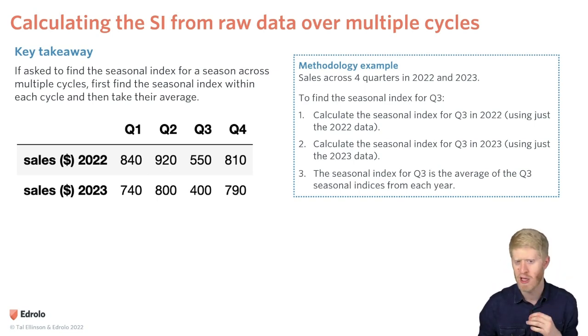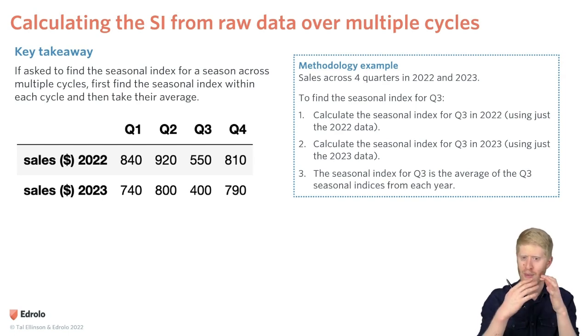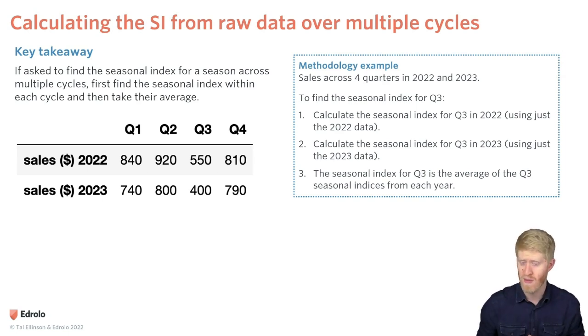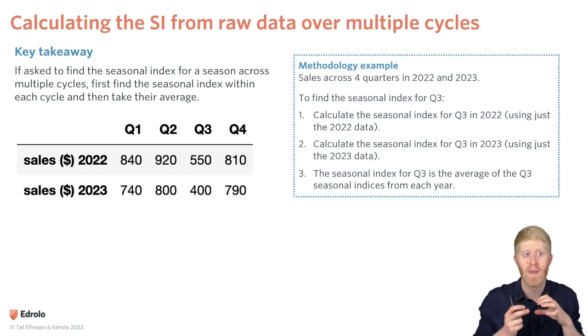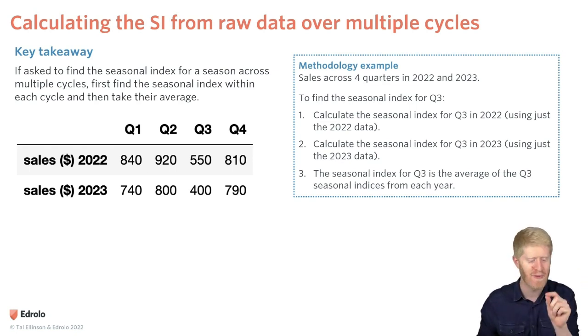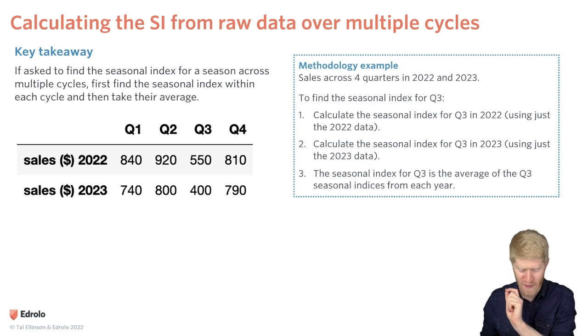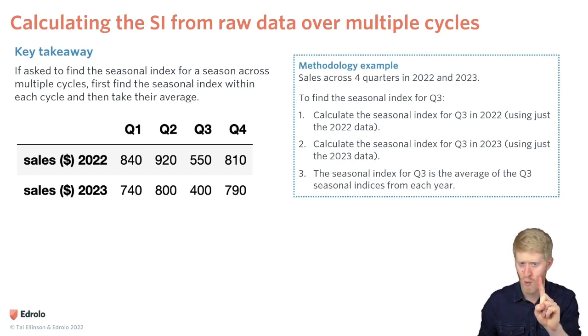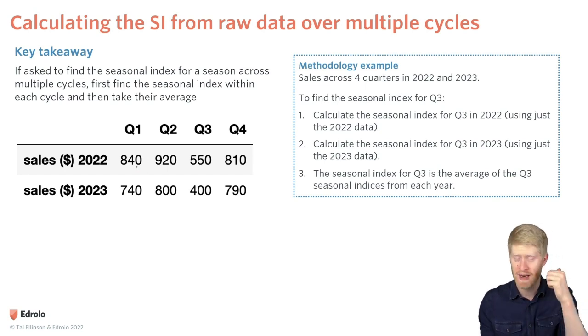I don't care so much about what happens in the 1 year, I care about what happens over the course of many years. And that means that we want a seasonal index that's going to summarize that behavior of summer over the entire decade. I don't want 10 different seasonal indices for summer for each of the 10 different years. I want one single one. So when we calculate seasonal indices, we want to summarize them together, i.e. we can do what we just did in our previous example.